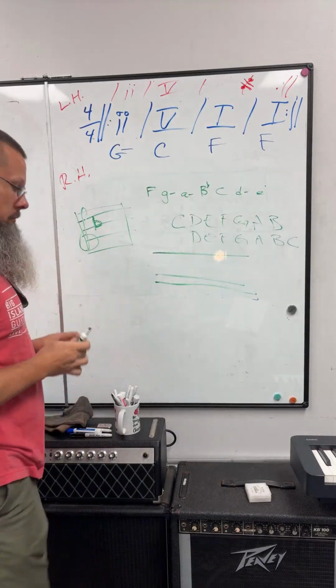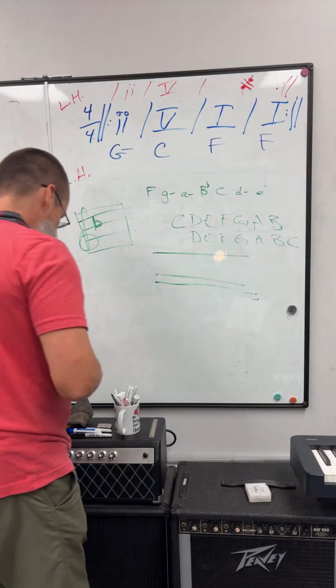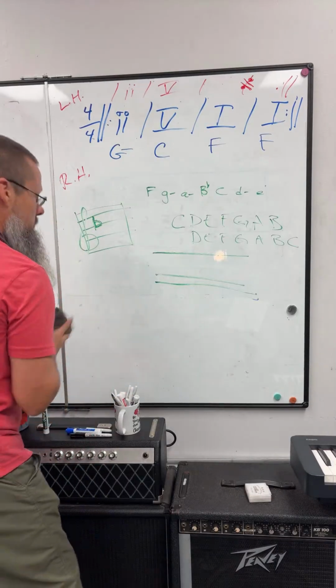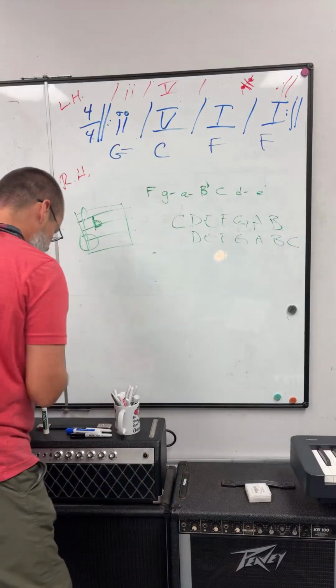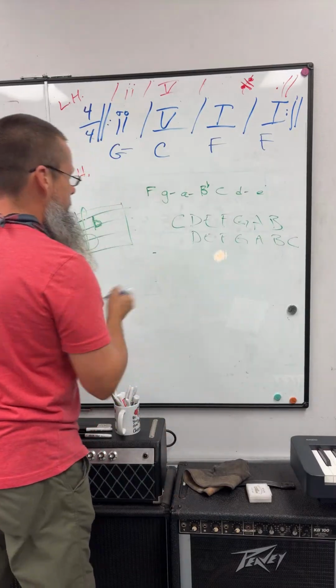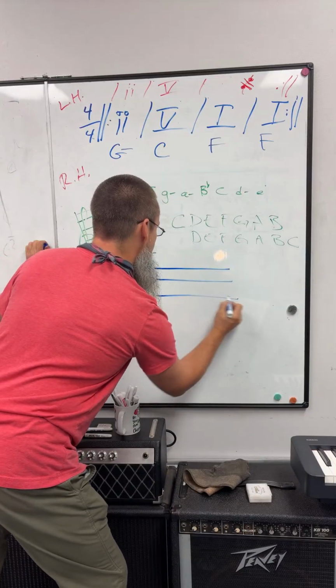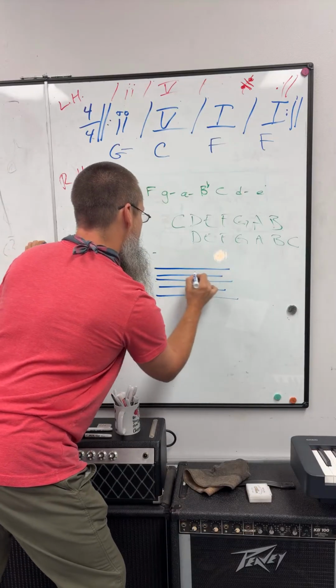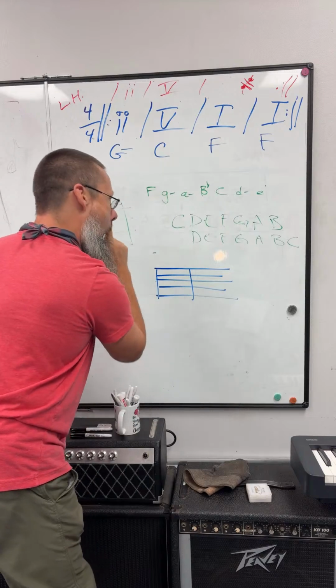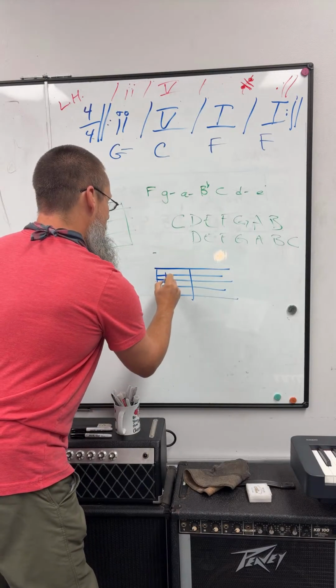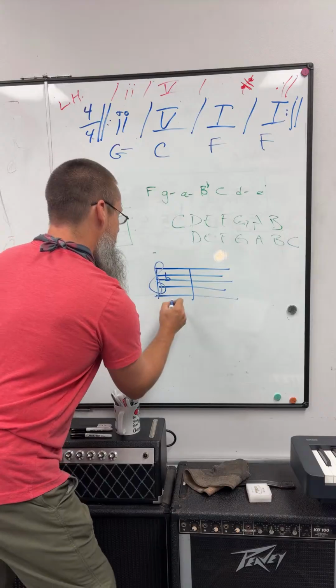Okay, so always, C major has D Dorian, but how am I spelling that? Let me show you one more.